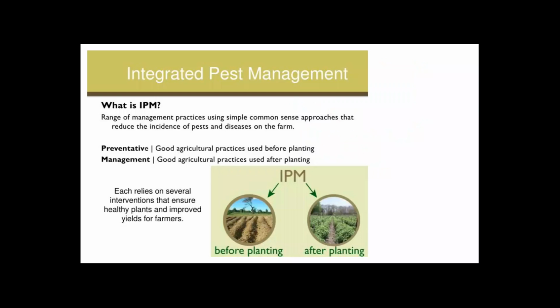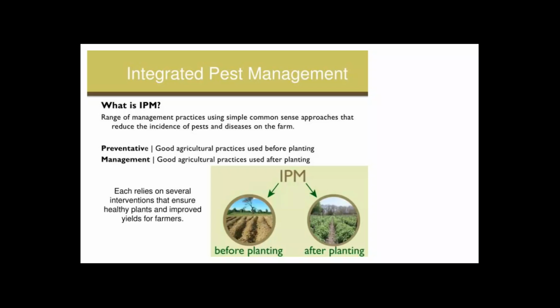So, what is integrated pest management? It uses a range of practices using simple common sense approaches that reduce the incidence of pests and disease on a farm. It involves preventative measures, which are good agricultural practices used before planting, and management, good agricultural practices used after planting.